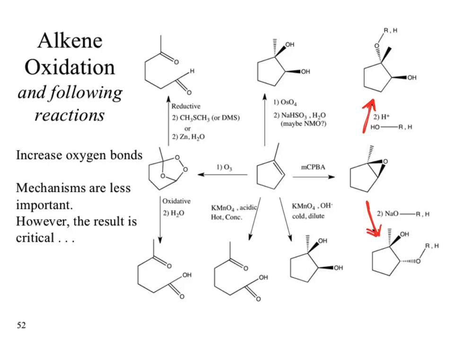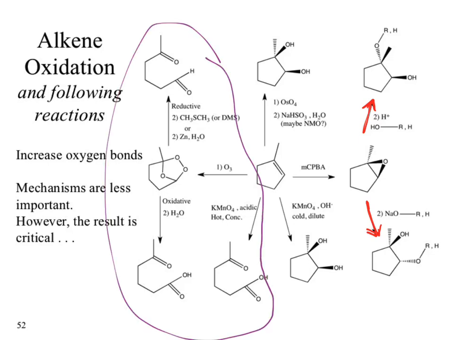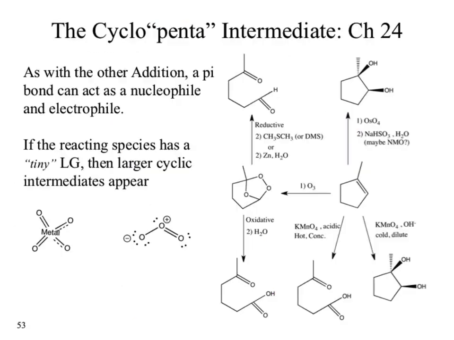We'll look to see how they fit the patterns, the categories we've already talked about, either being small leaving groups or an electrophile that is also a nucleophile, and see how they match that. Then ultimately you have to know what happens. And then I'll give you one cheat method on all of the cleavages. But the rest, you just have to have these memorized.